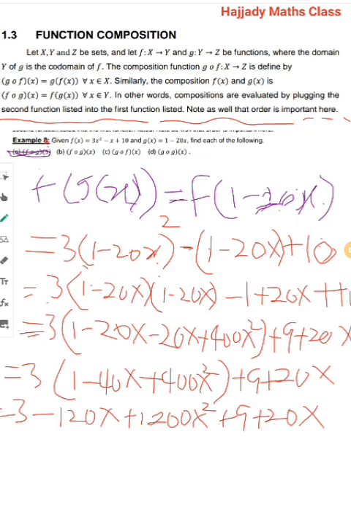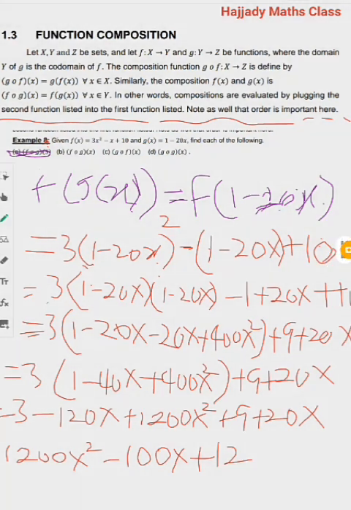So simplifying further, we have 1200x squared minus 120 plus 20 gives minus 100, minus 100x, 3 plus 9 gives 12, plus 12. So this is our final answer.